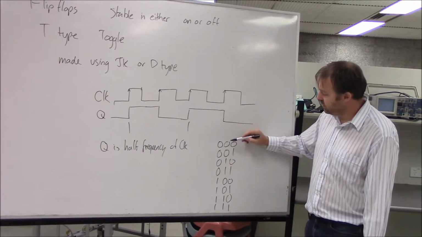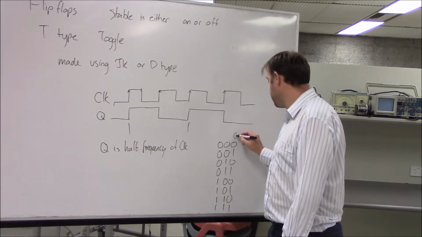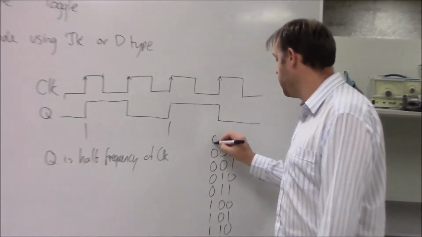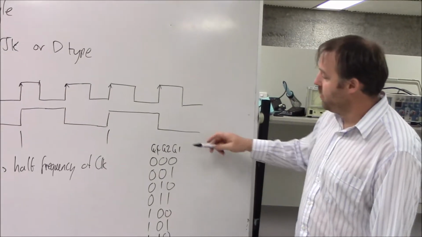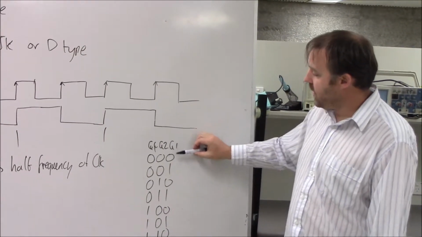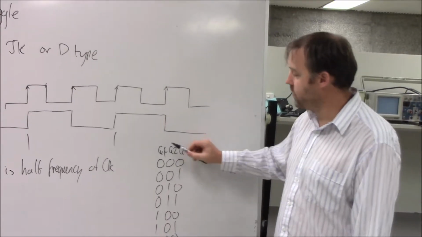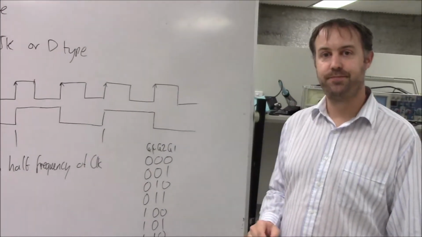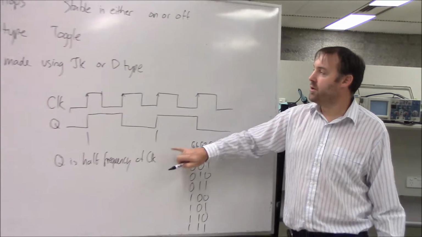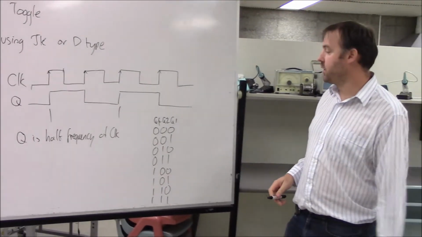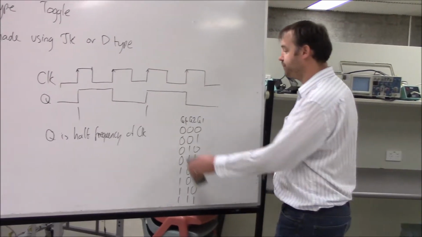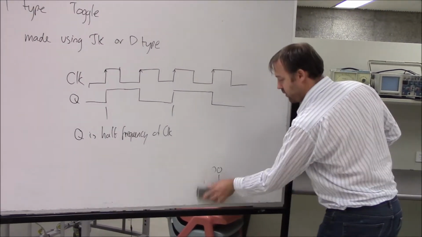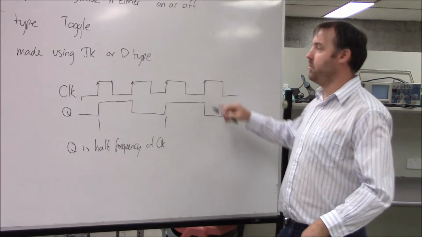So let's put Q1, Q2 and Q4, my 1s, my 2s and my 4s. My 2s are changing at half the frequency of my 1s, and my 4s are changing at half the frequency of my 2s. Okay? So we can use this T-type flip-flop to create a counter that counts through a binary number. I'll show you how to wire up a D-type flip-flop to do the same thing.